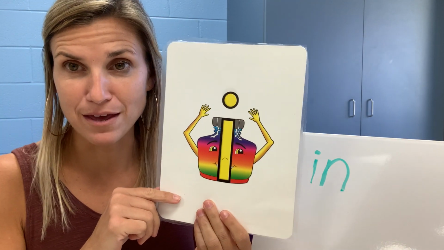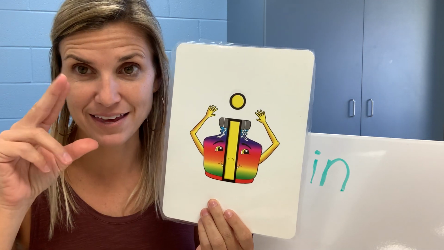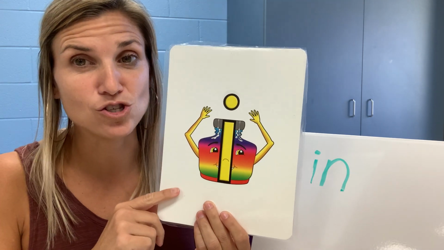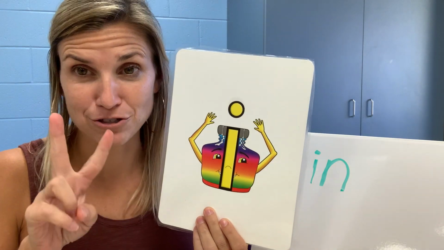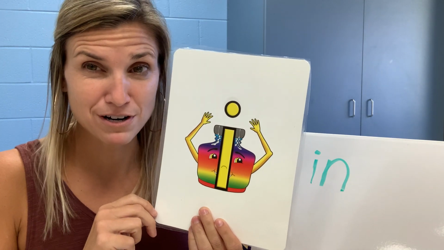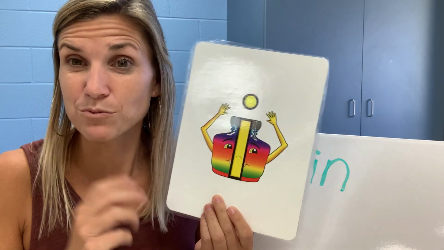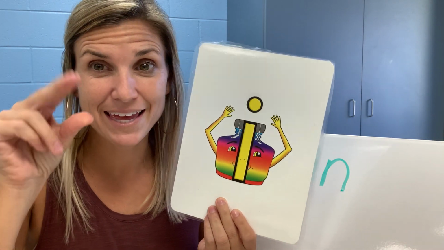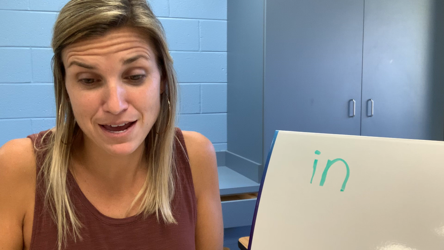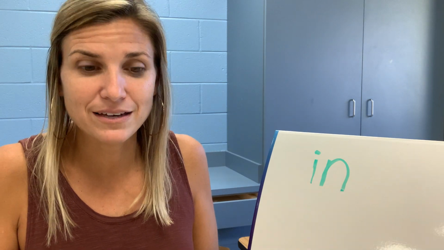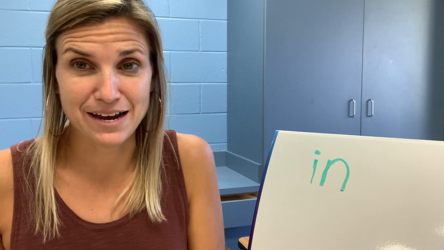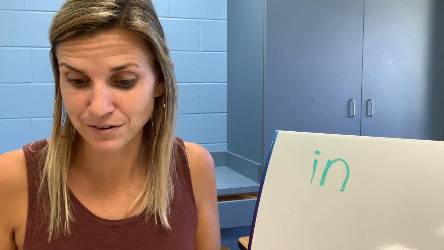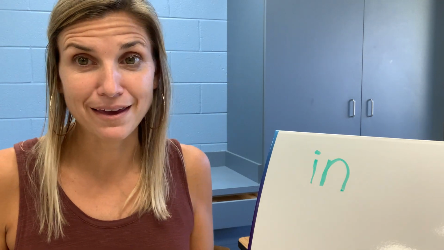And we all know that Impy Ink says I. But Impy Ink is super special. He's a vowel. So vowels have two sounds. They have a short sound, which is what we always do, I. And then they say their name. And when Impy Ink is not making his I sound, and we hear the I sound, it's actually not Impy Ink.